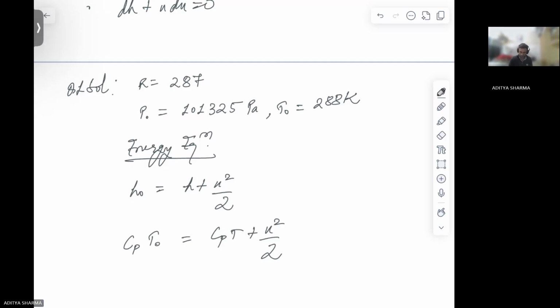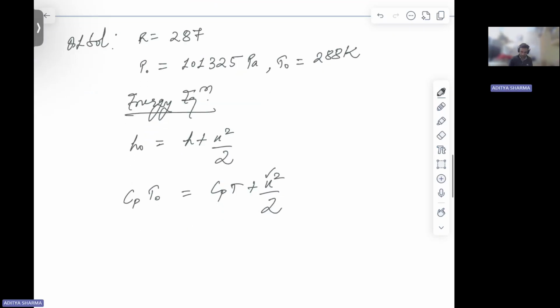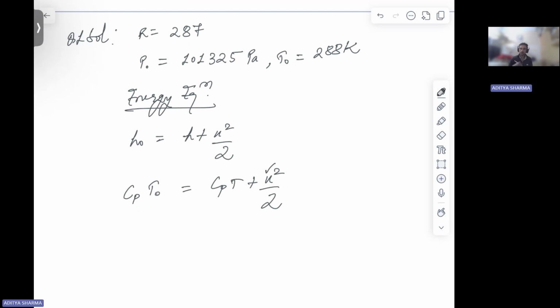Now here, this U has been asked in the question, so that is the whole purpose of using this energy equation. Because the whole of this potential is being consumed, we will suppose that at the end the temperature will be zero, hypothetically 0 Kelvin.